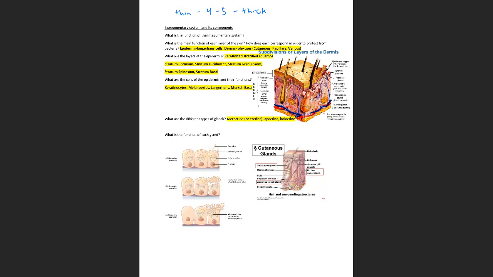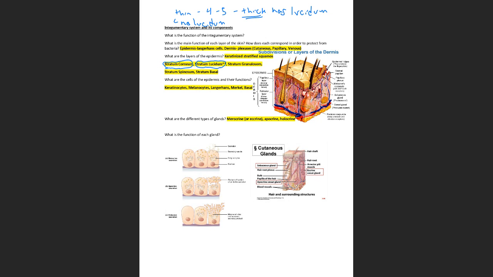So from the topmost layer, we have the stratum corneum. All skin types have this. Then below it, we have the stratum lucidum. Now there are 2 stars there because that is the difference between thin and thick skin. The stratum lucidum is present in thick skin. Okay, has the lucidum. The thin skin, no lucidum.